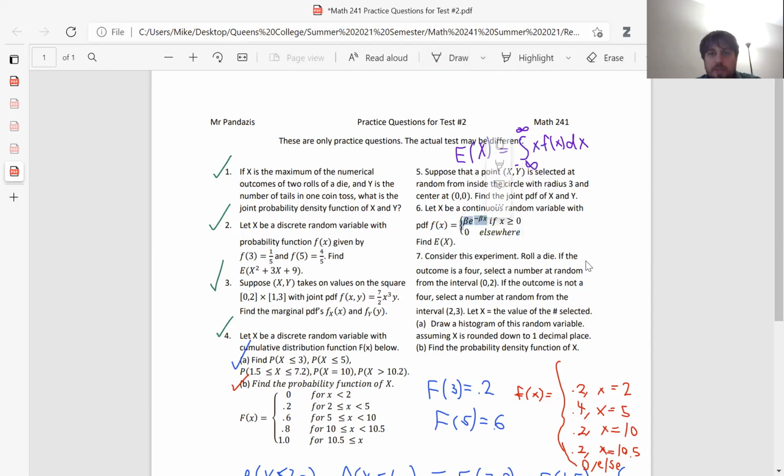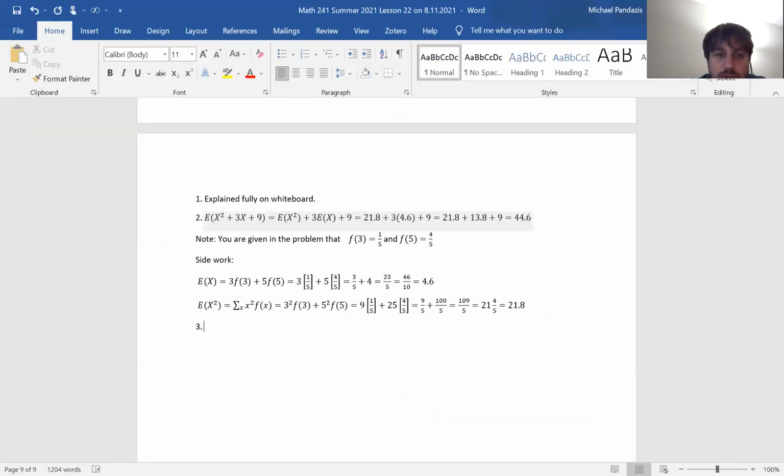Let's find E of x. And for that, I'm going to go to the whiteboard. Okay, so 3 is on the whiteboard fully. 4 is explained on the whiteboard fully.